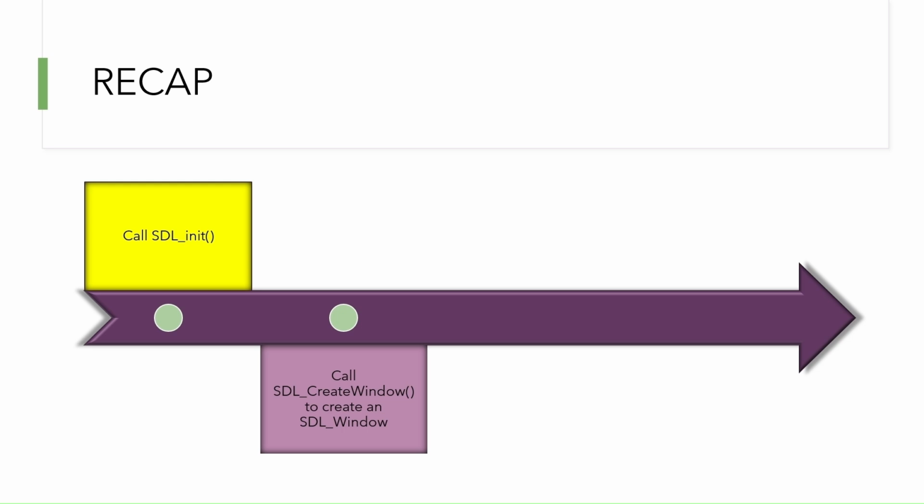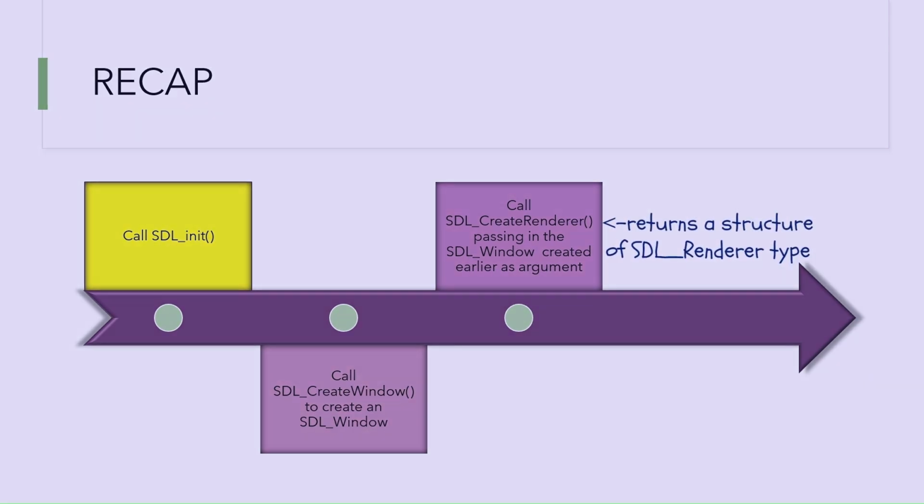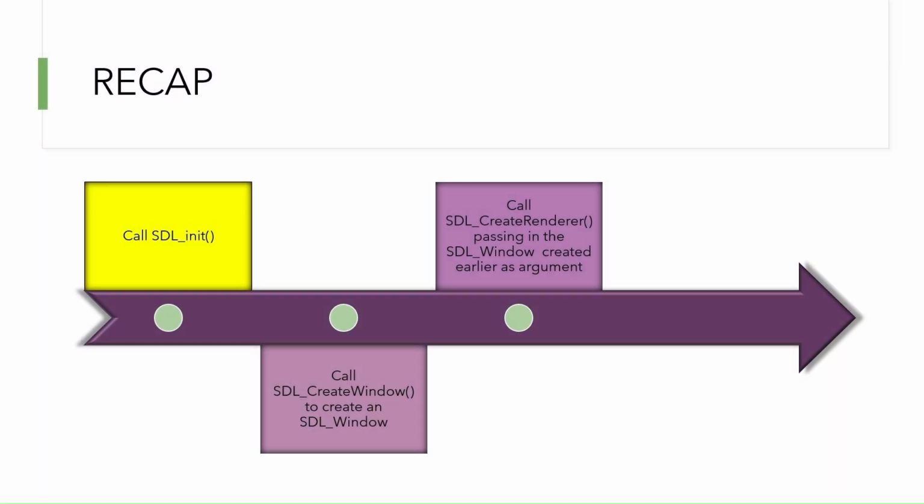We can pass that as argument to SDL create renderer, which creates our rendering context and returns an SDL renderer type structure, which we can then send as argument to functions like SDL set render draw color, SDL render clear, and SDL render present as well.